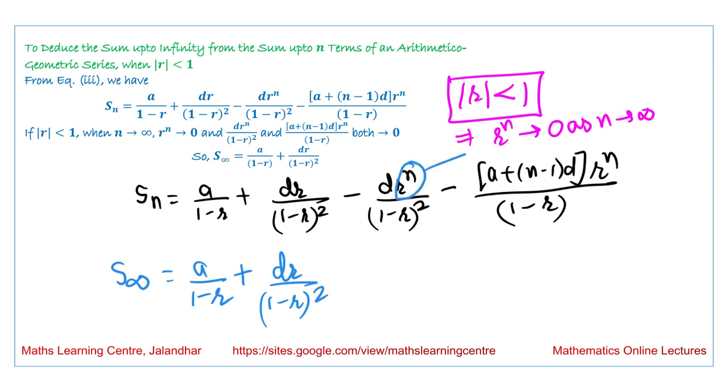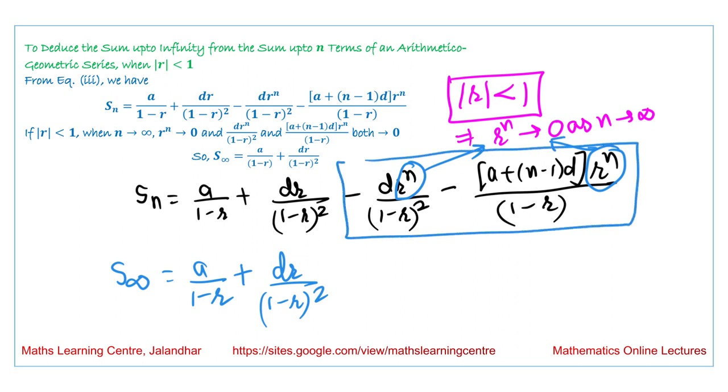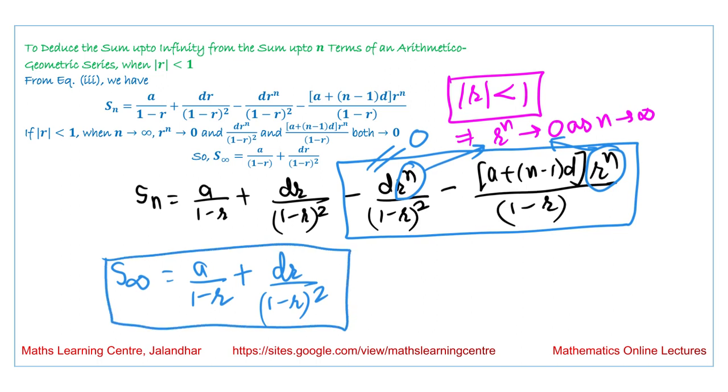Both the terms with r raised to the power n approach 0, so they become equal to 0. So the sum of infinite terms is equal to a over 1 minus r plus dr over 1 minus r square. So this is the sum up to infinity.